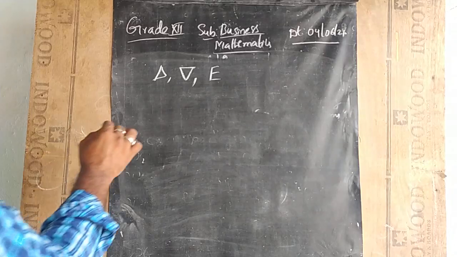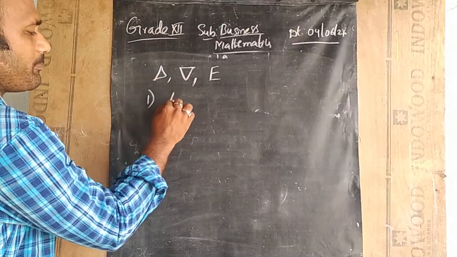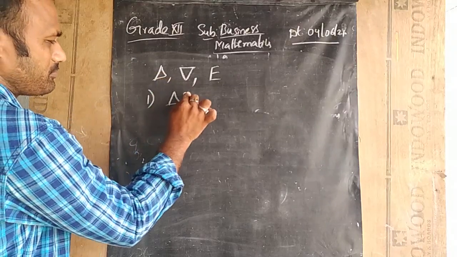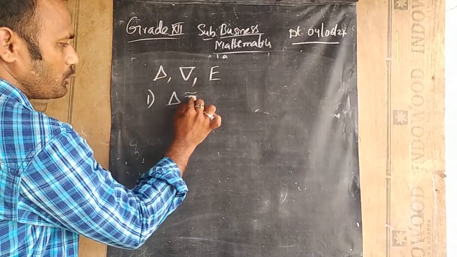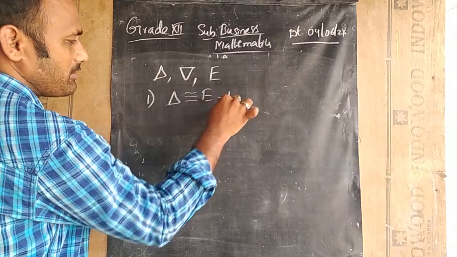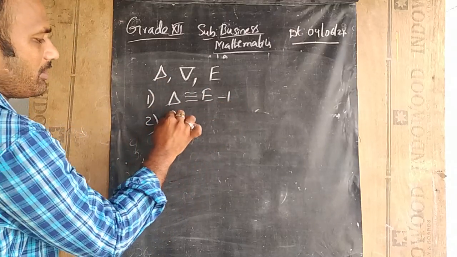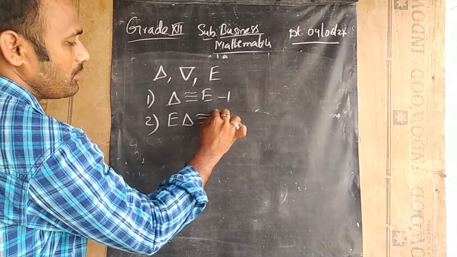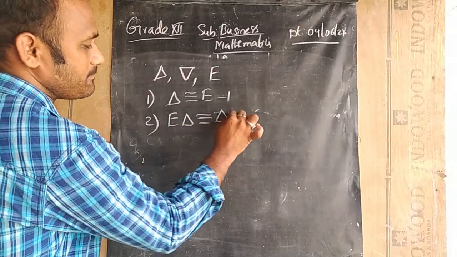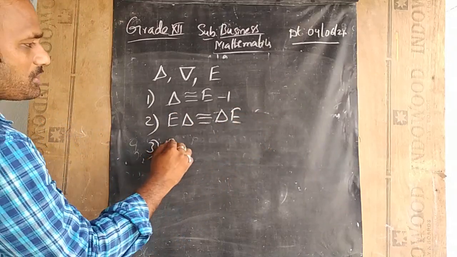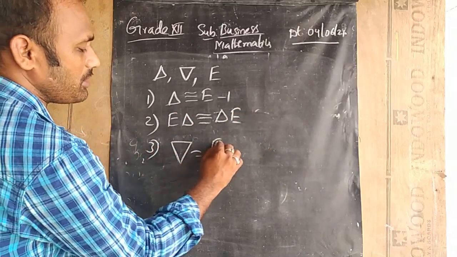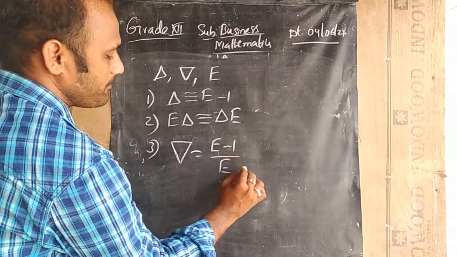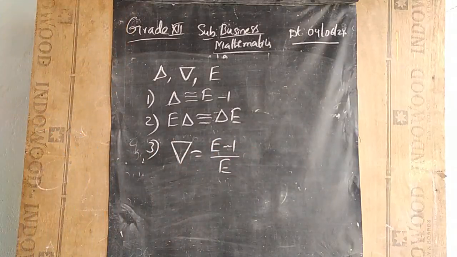First relation: delta is equivalent to E minus 1. Second: E delta is equivalent to delta E. And reverse of delta is equal to E minus 1 by E. So these are the three properties which relate to each other.